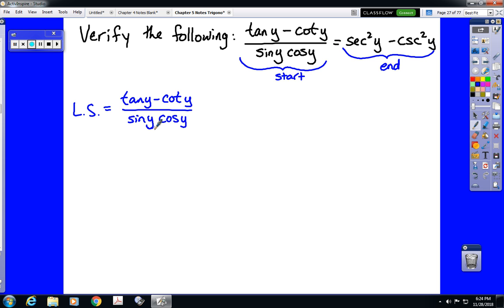Now we're going to use a complex fraction to solve this problem. Our first step is to substitute in our quotient identities. We're going to replace tangent with sine over cosine, and cotangent with cosine over sine.